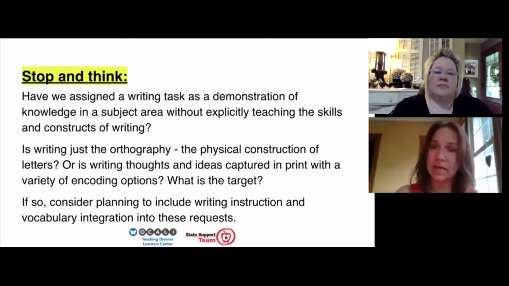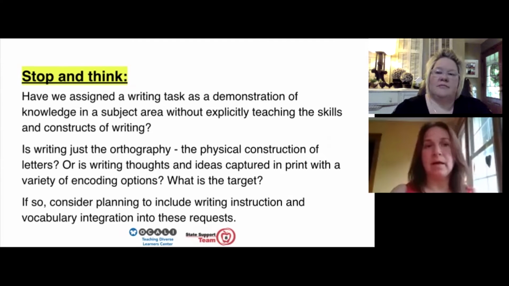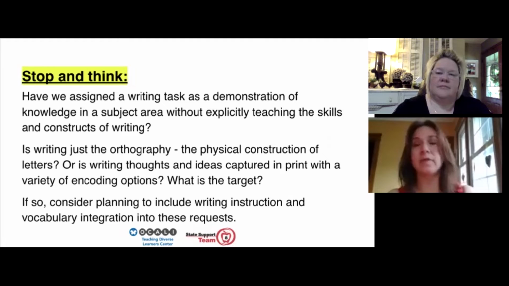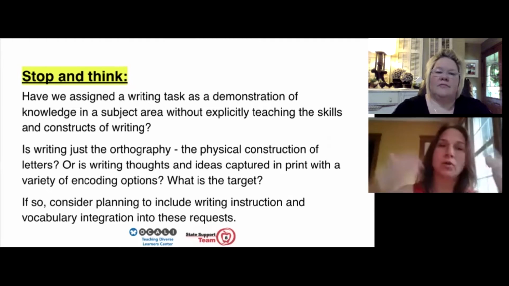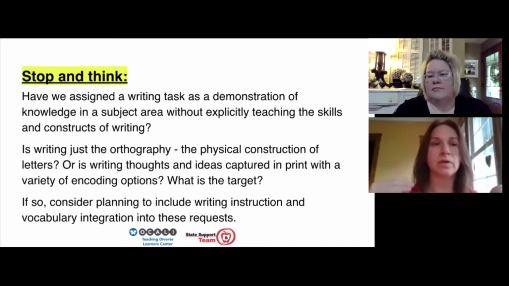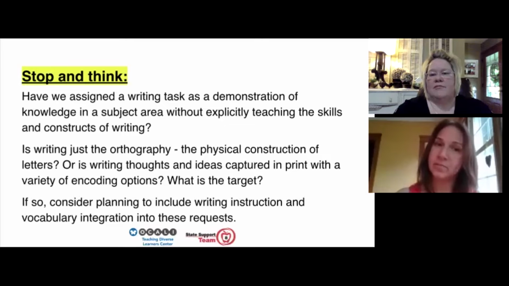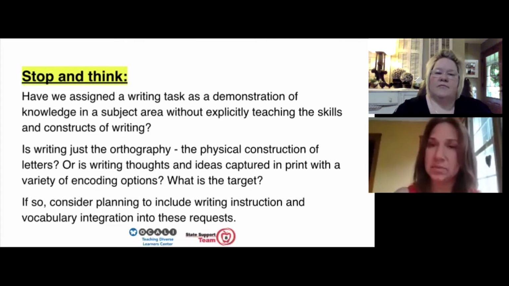If you're assigning a writing task or a writing experience, we don't want the constructs to get in the way of them being able to express themselves. So in your practices right now, you can stop and think about this together as a group and collective practices. Are you sure that things are being explicitly taught, not just the content, but how to write about those things for different purposes?